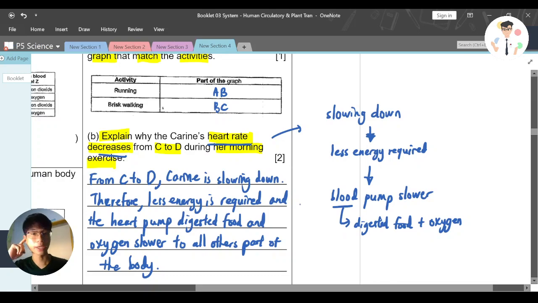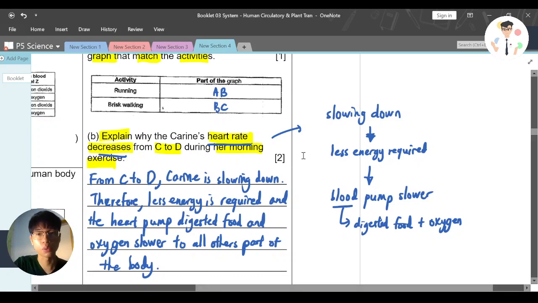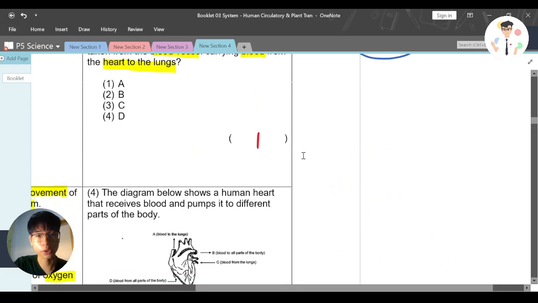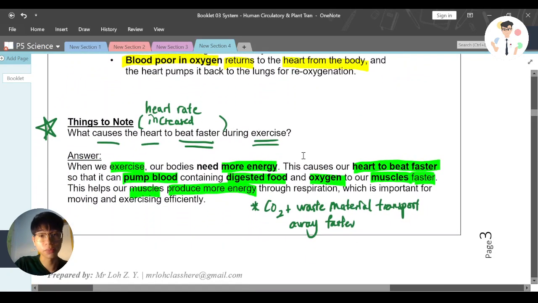So that's basically this question. Just in case you might need more help in understanding this, I would strongly suggest you go back to your booklet, page number 3, under the part, things to note, where we actually discuss why heart rate increases when we exercise.